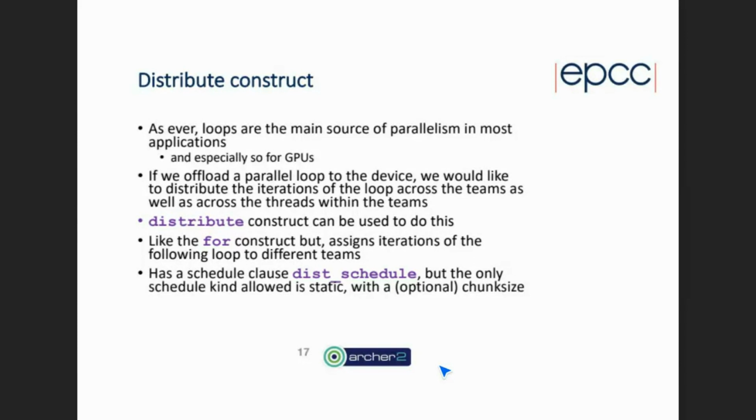The distribute construct is basically like the for construct, but it assigns iterations of the loop to different teams. It also has a schedule clause, but it can only be static with a chunk size. Because of the restrictions on synchronizing, you can't do dynamic scheduling of loop iterations across teams. So it's kind of what you expect.